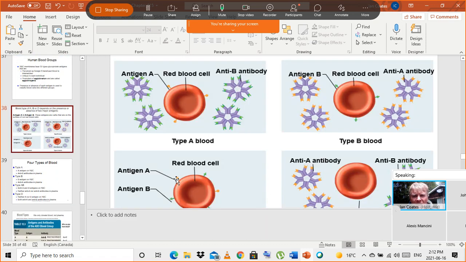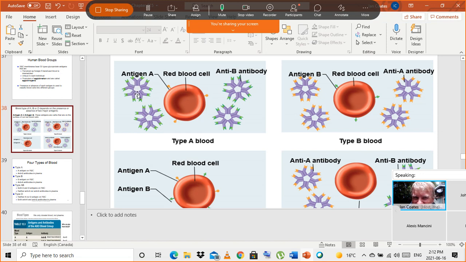So you see here, these are your RBCs, the 45%. Think of this as your plasma. These antibodies are floating around in the plasma. So type A has A antigen, but it has anti-B antibody.